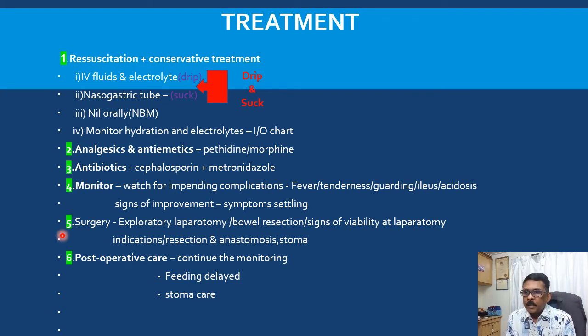In this respect, it's important that you know how to distinguish bowel which is viable from non-viable. And finally, after the surgery, post-operative care is equally important. The patient must be monitored, feeding must be delayed, and if there's a stoma it must be taken care of.